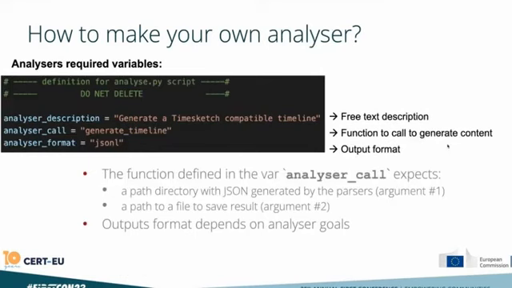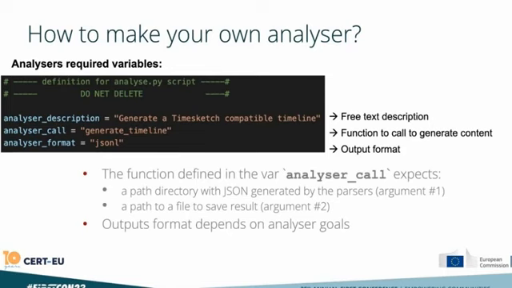The analyzer uses the same idea. So we have a description, which is simply a text to display in the help. Then the function to call. There is no need to mention which file to ingest, because the idea is that it will ingest whatever is available from the parser. But then it can also specify which format you will use as an output.